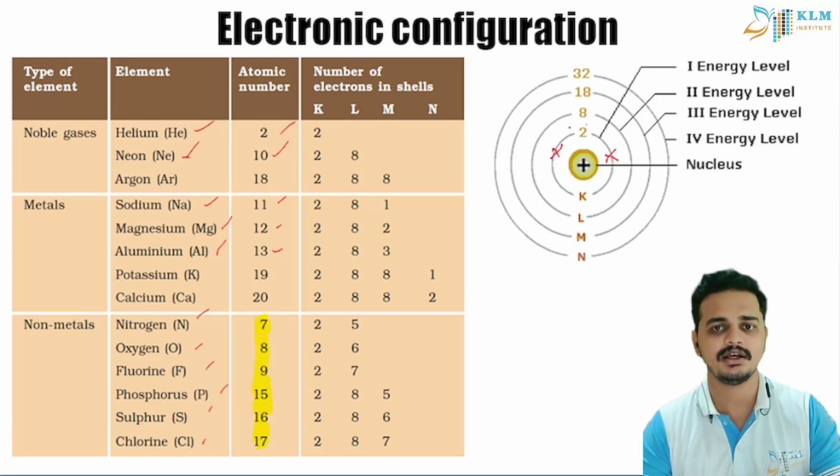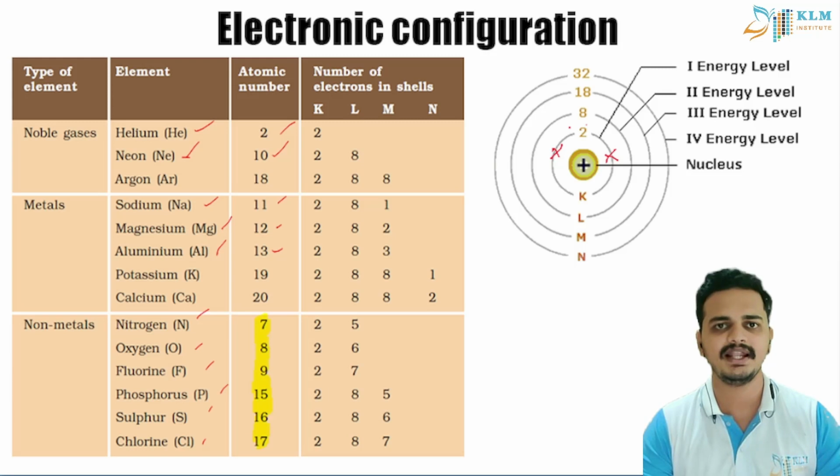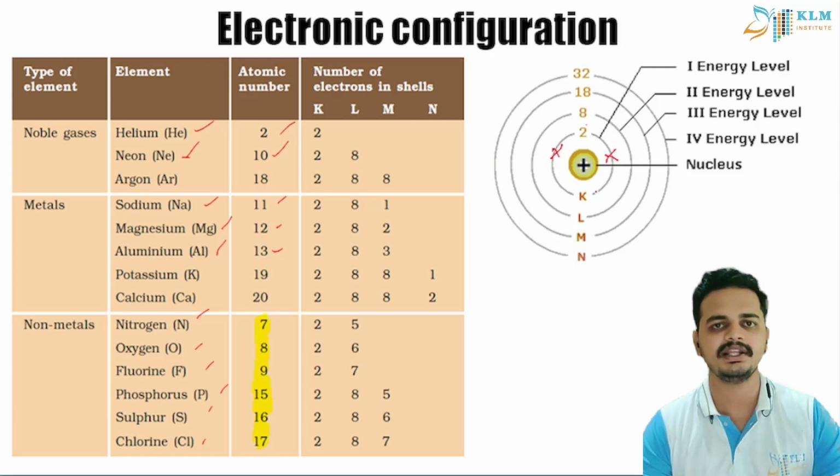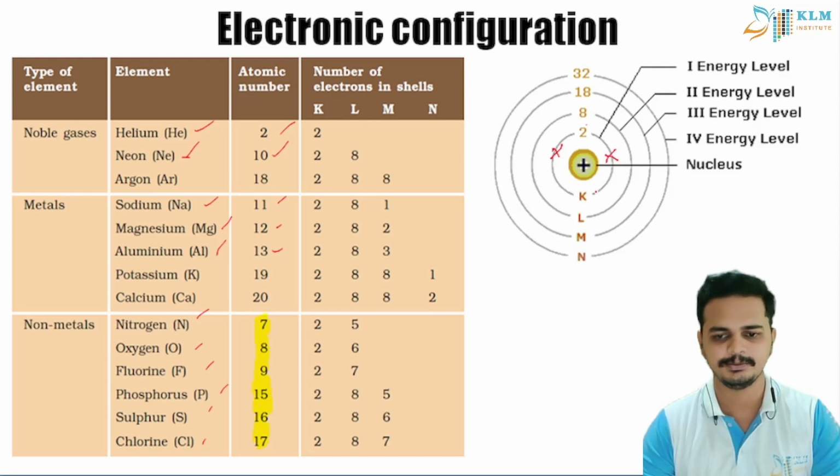The shells, these orbits, the circles which we are drawing are imaginary. So the only one shell is completely occupied. This is known as duplet stage. That is, if its shell is complete, then it is stable. If it is not complete, then it tries to make it complete. That is the nature behind every atom in our periodic table.